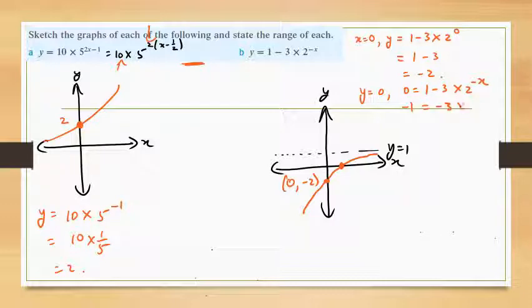Negative 1, negative 3 times 2 to the power of -x. We have 1/3 equals 2 to the power of -x. Now, we haven't done logarithms yet. Actually, we have done logarithms, so we'll know about it.